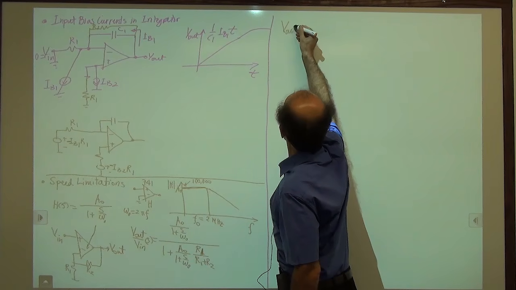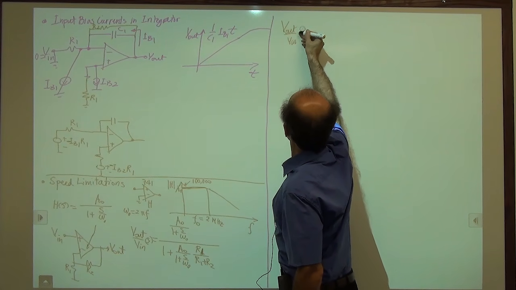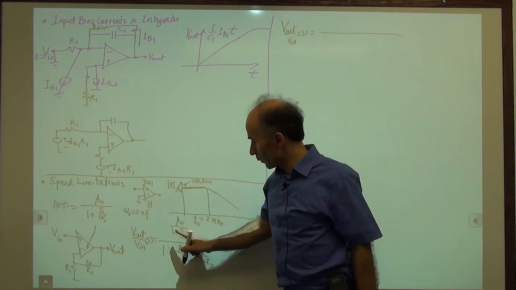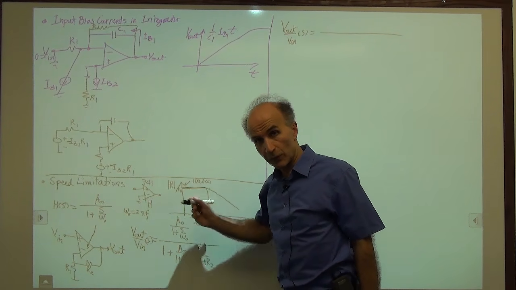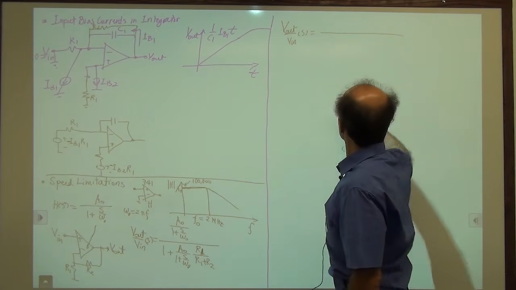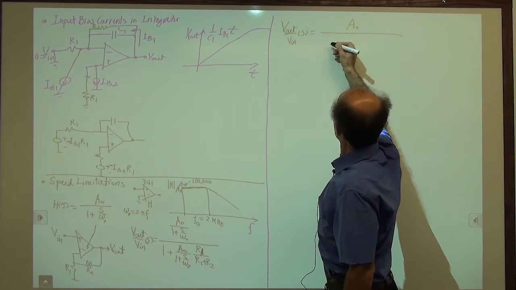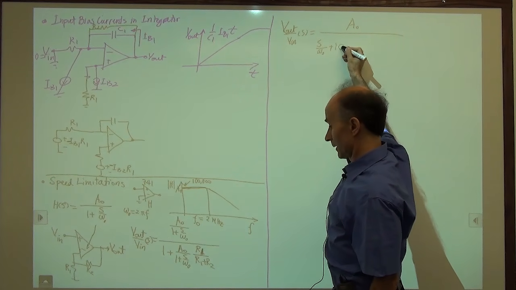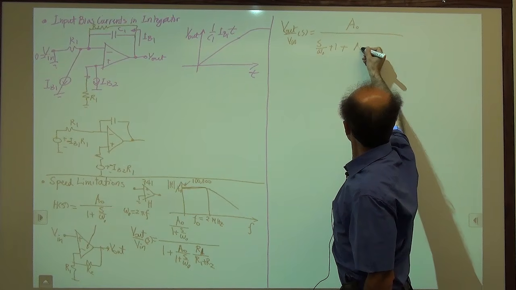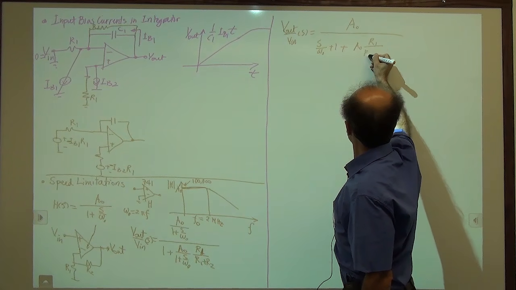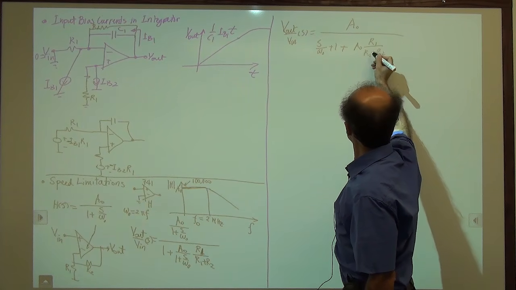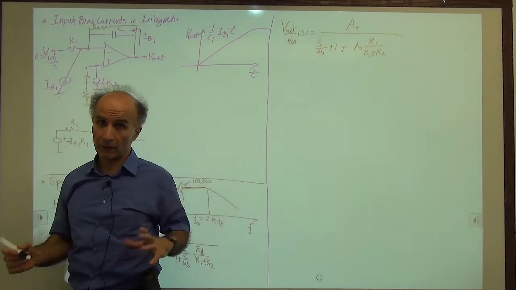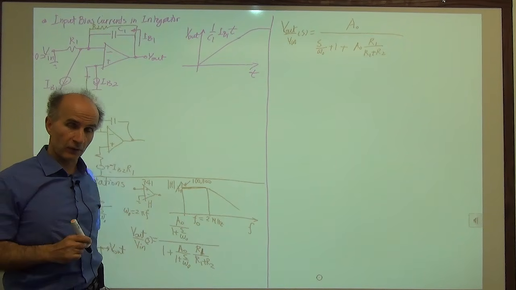V out over V in of S is equal to, let's go ahead and multiply by 1 plus S over omega 0, both the numerator and the denominator. So we have A0, then we have S over omega 0 plus 1 plus A0 R1 over R1 plus R2. So that's the transfer function of the overall amplifier, the closed loop gain or transfer function of the circuit.